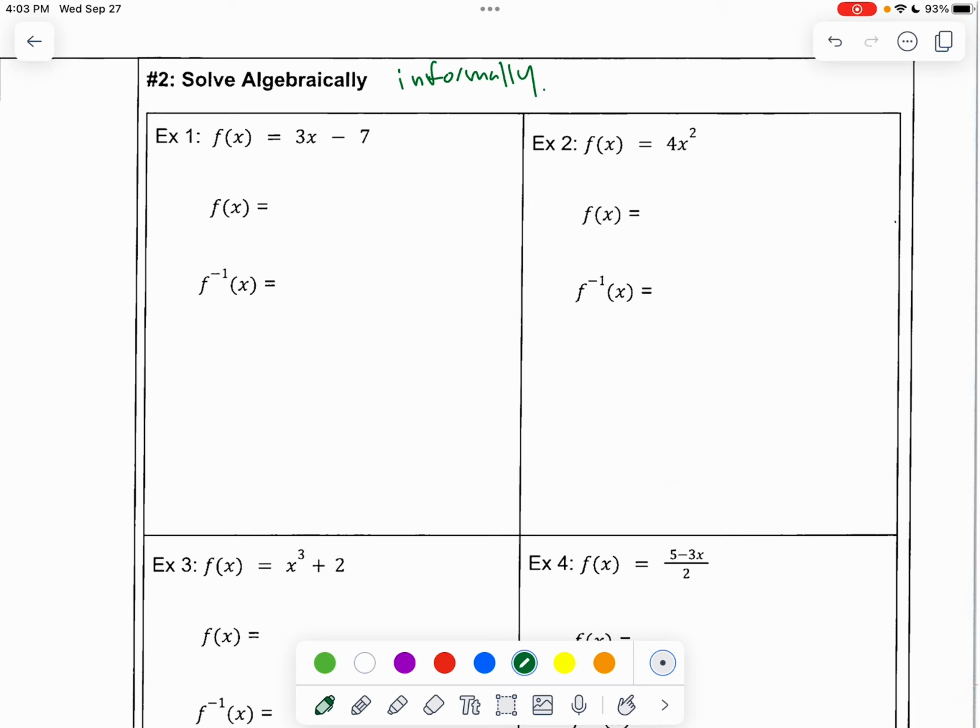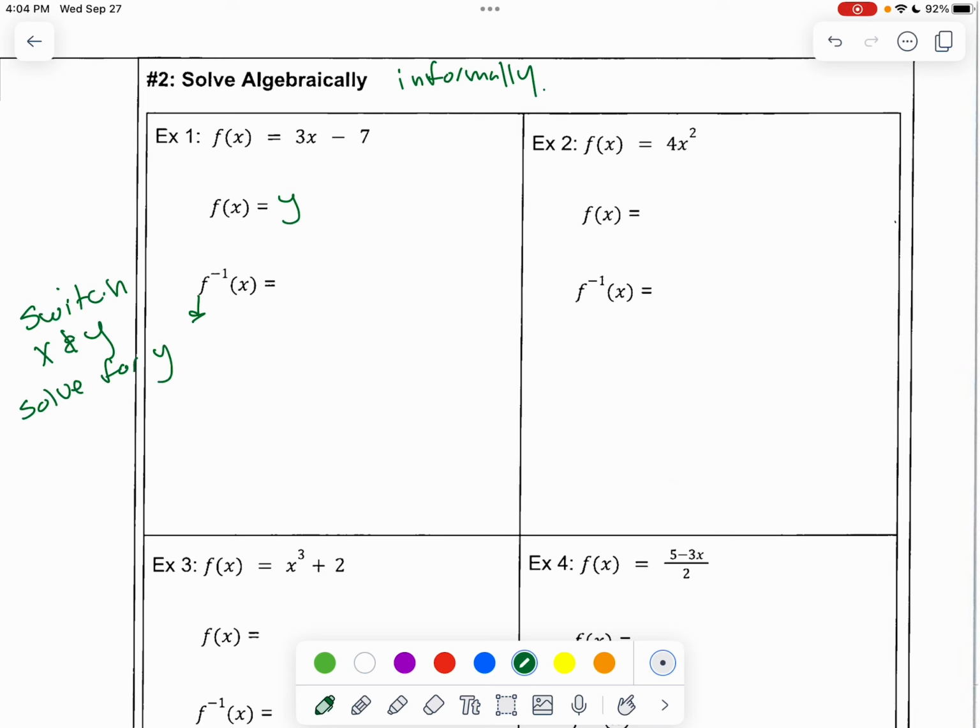If this is your function f of x and you're trying to find the inverse, we're going to switch the x and the y. Remember, f of x is the same thing as y. And then for solving for the inverse, switch x and y, and then solve for y.